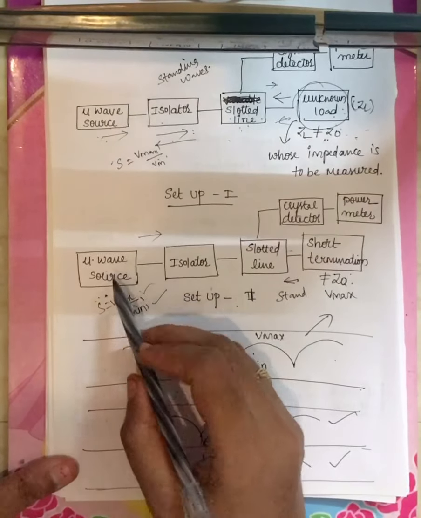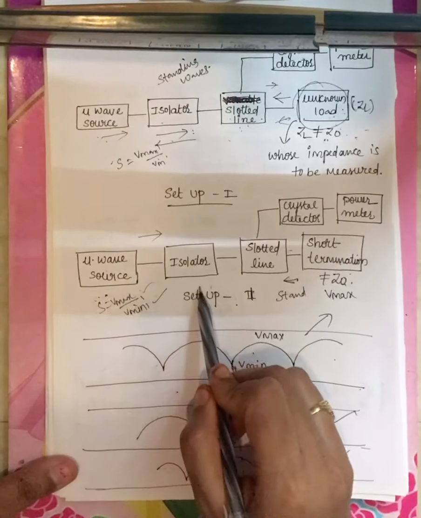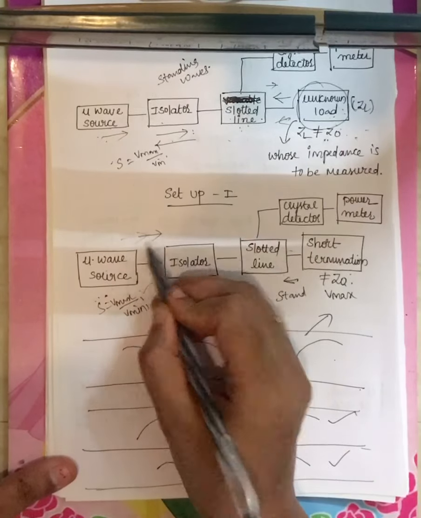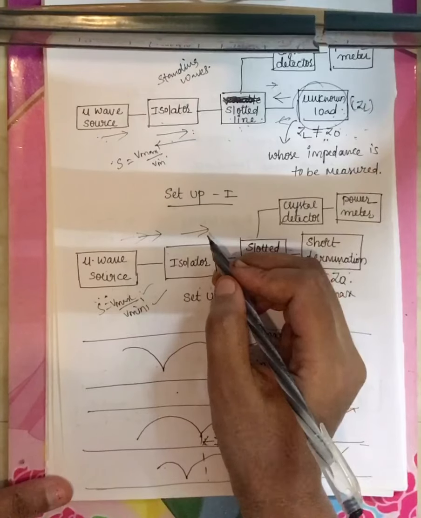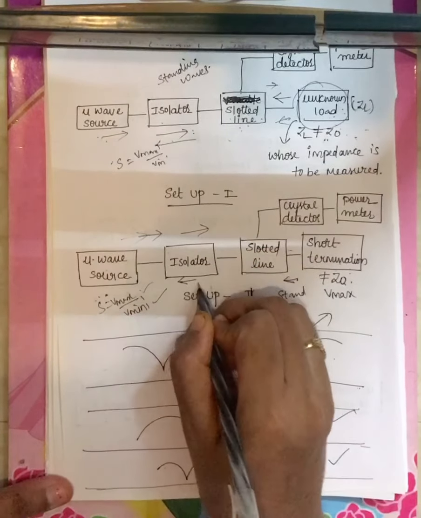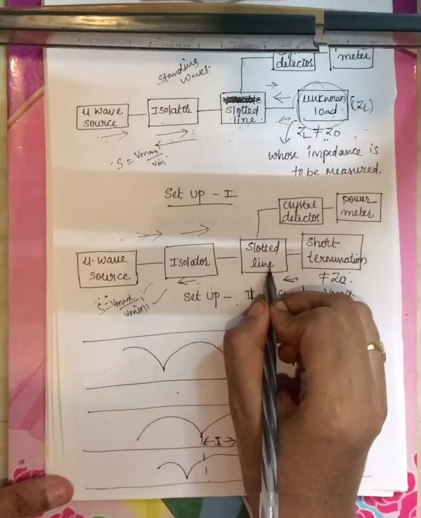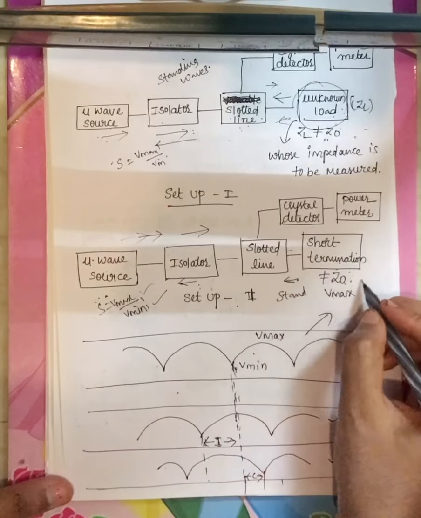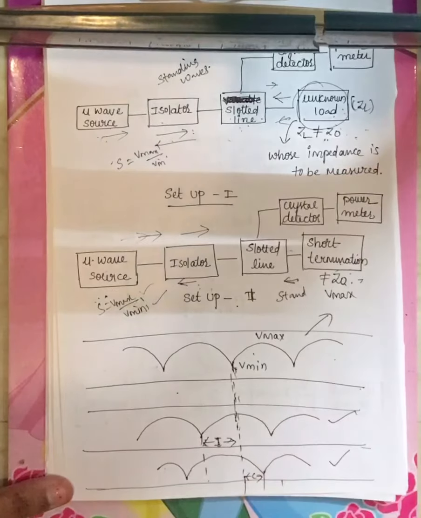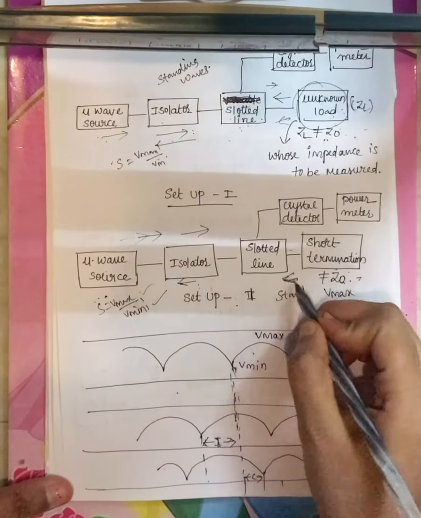Now coming to setup 2, the microwave source followed by the isolator generates a signal, and the wave gets incident. The isolator will allow the signal in the forward direction and block the signal in the reverse direction. This is given to the slotted line, which is terminated with a short termination. Here also this is not equal to Z0, so the wave will get reflected.